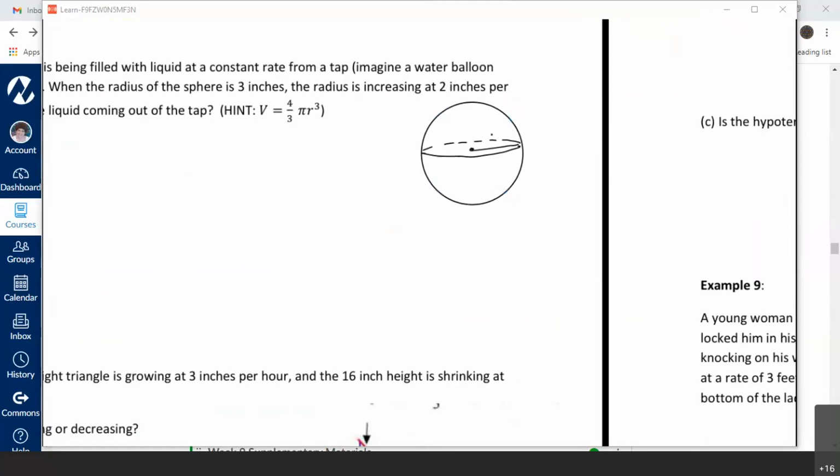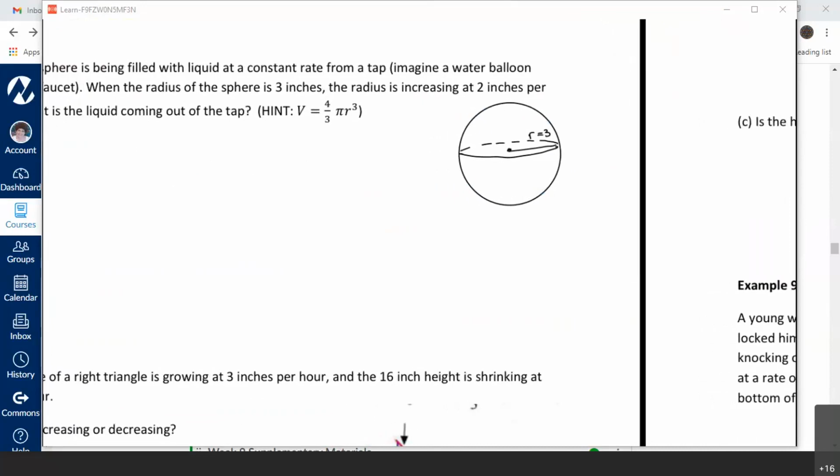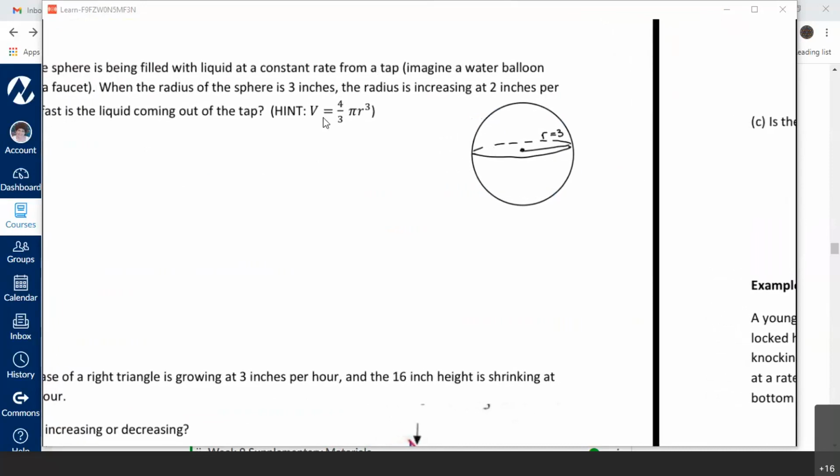Here's its radius, r, and we're going to say it's 3 inches. So there's our balloon with a 3-inch radius. They are kind enough to give us the formula for the volume of a sphere. So here is the formula for the volume of a sphere.